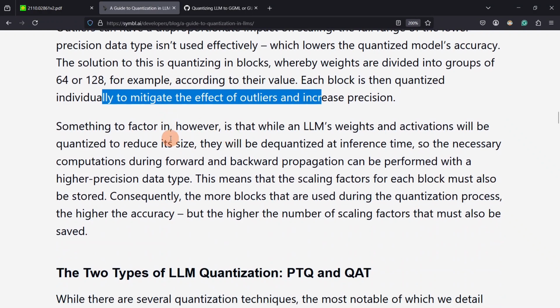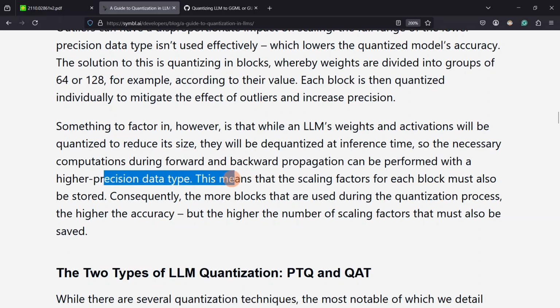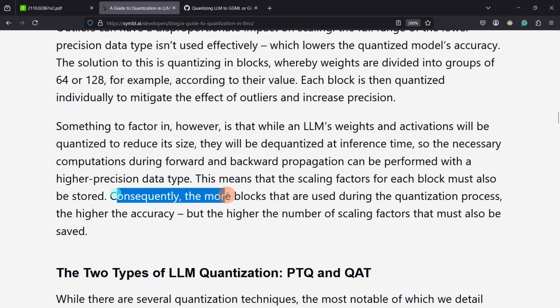Something to factor in, however, is that while an LLM's weights and activations will be quantized to reduce its size, they will be dequantized at inference time. So the necessary computations going forward and backward propagation can be performed with a higher precision data type. This means that the scaling factors for each block must also be stored. This we have seen in linear quantization.